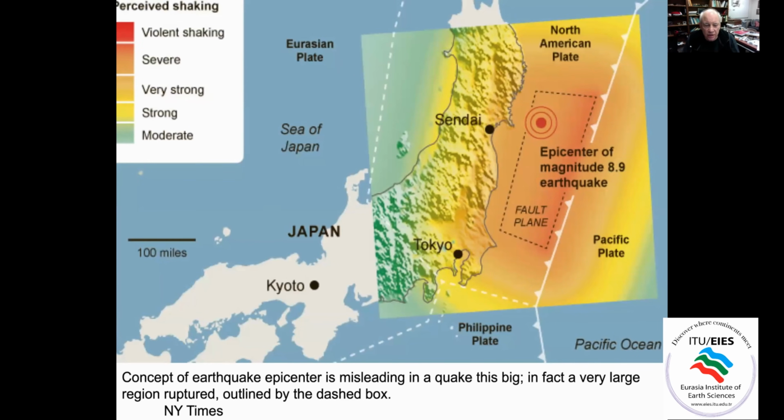So this was what happened offshore Northeast Japan. Normally we show the epicenter of an earthquake as a dot, but a magnitude 9 earthquake cannot be approximated by a dot. This requires a rupture area of huge size. In fact, the magnitude of an earthquake is very sensitive to the area that ruptures.